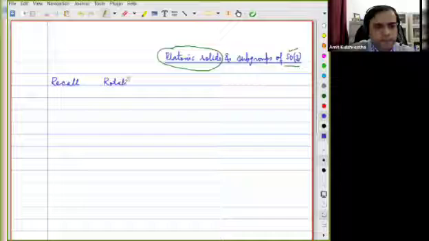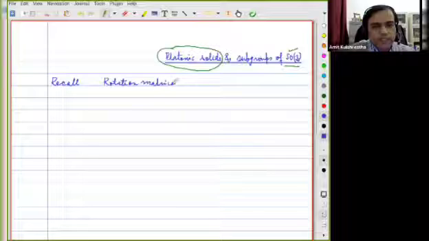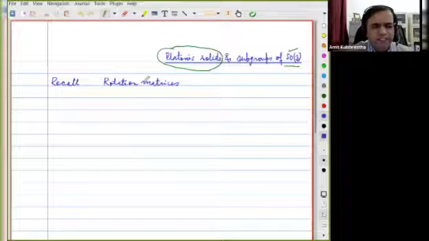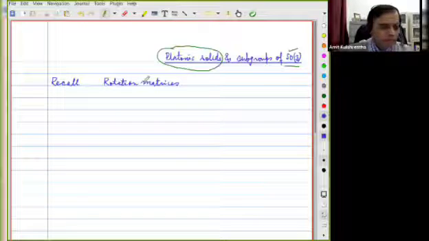rotation matrices. So you can understand rotations in 2 and 3 dimensions, in n dimensions also, but let's forget it. Rotation as matrices.